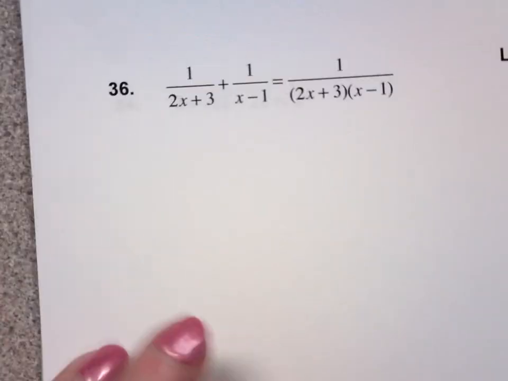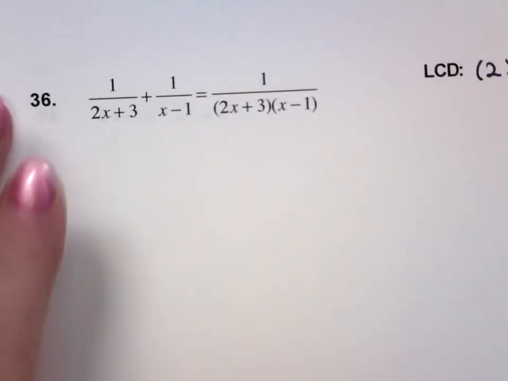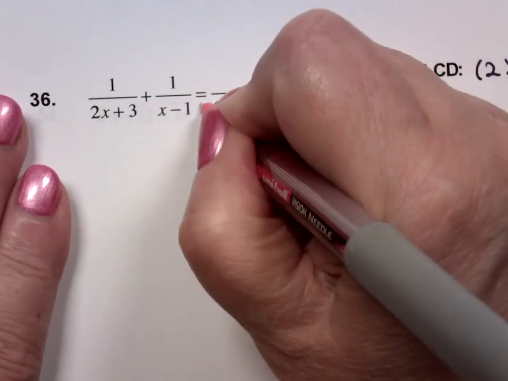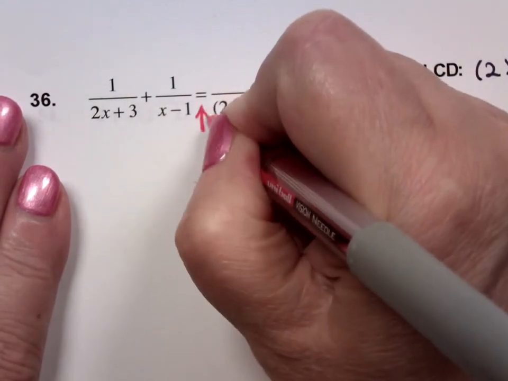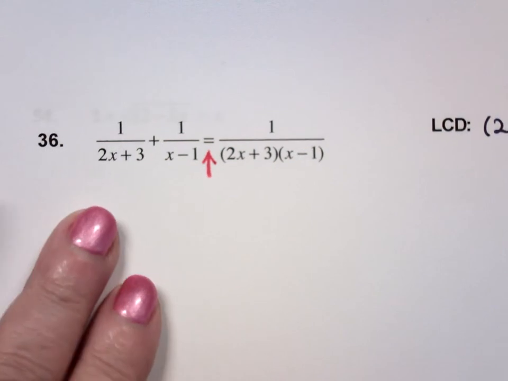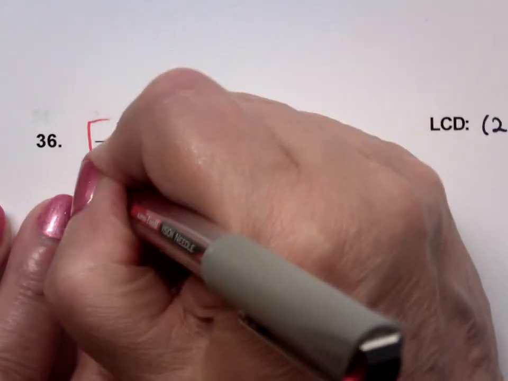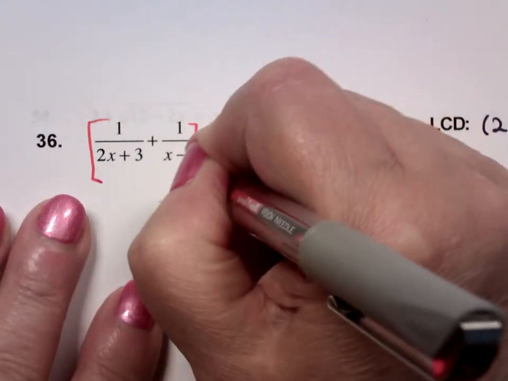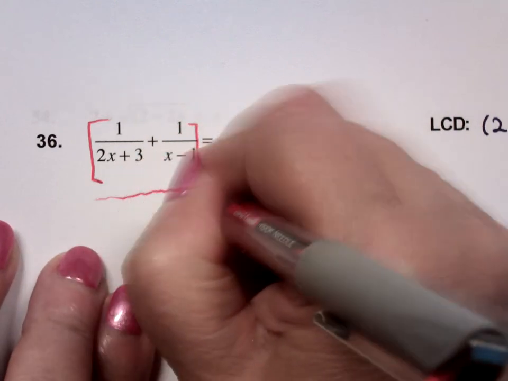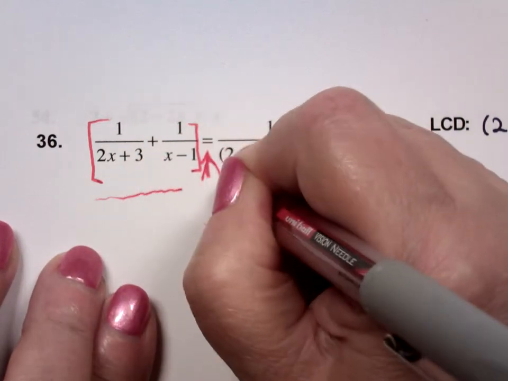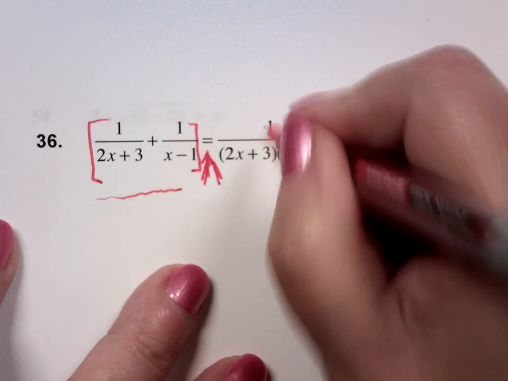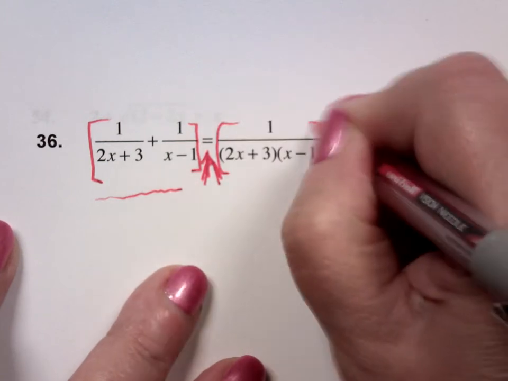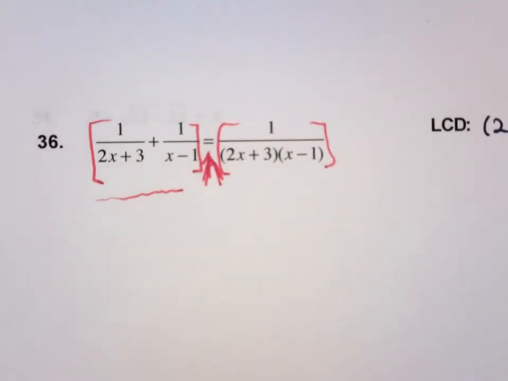So anytime I'm looking at a problem, and that problem has an equal sign, I can take the left-hand side of the problem. It's like basically having a scale, and I can take the right side of the problem because they are equal.